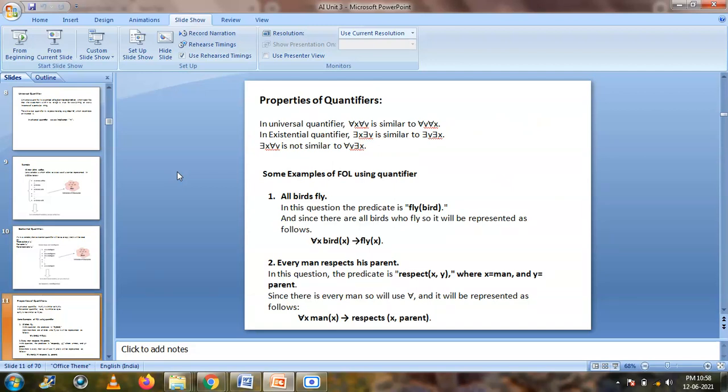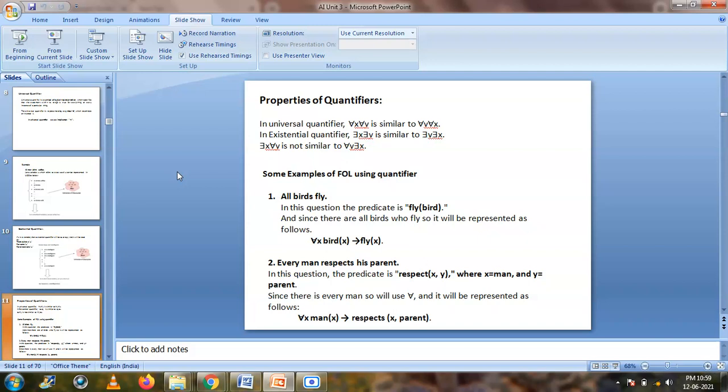Properties of quantifiers. In the universal quantifier, for all x for all y is similar to for all y for all x. In the existential quantifier, there exists x there exists y is similar to there exists y there exists x. But there exists x for all y is not similar to for all y there exists x.